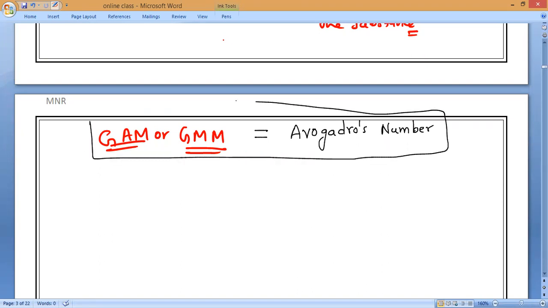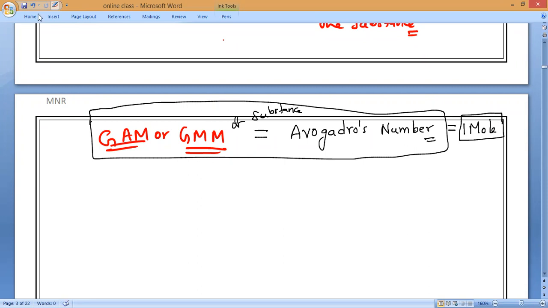That is what you have to understand. So gram atomic mass or gram molecular mass of a substance, which is equal to Avogadro number, is equal to how many moles? 1 mole. That is what you have to remember.